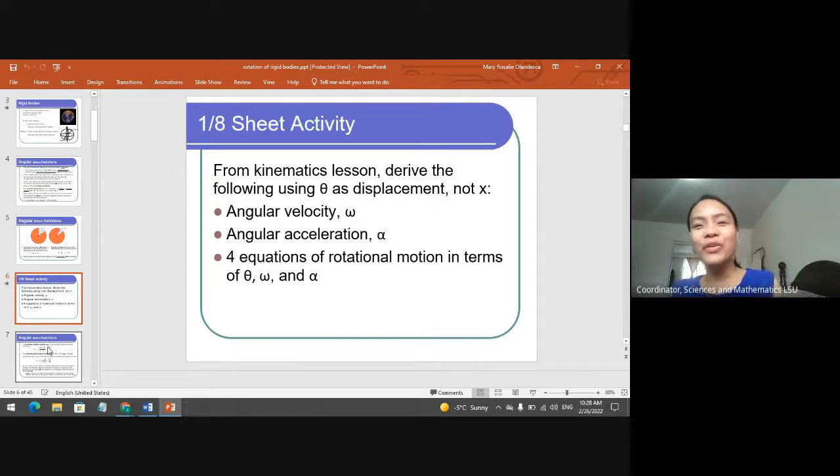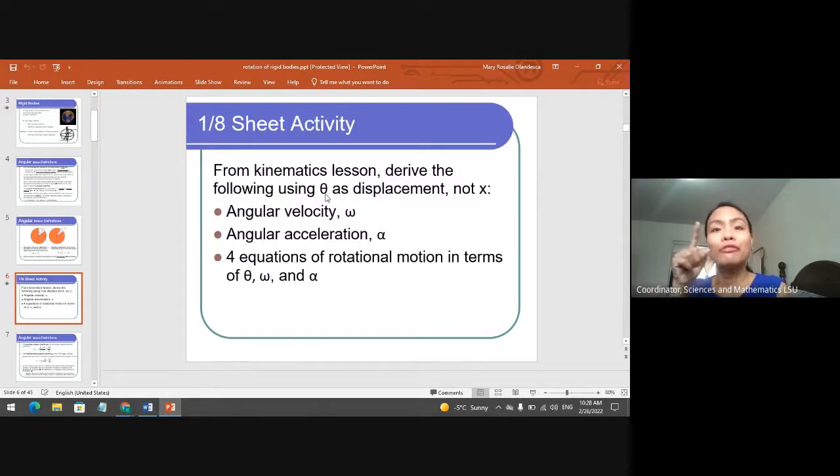Okay, so from our kinematics lesson, we can derive our kinematics equations also for our angular motion. We just have to change our symbols for that. Instead of using x, we use theta for the displacement.